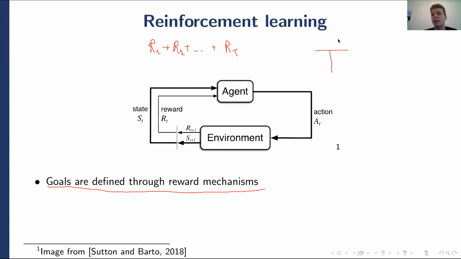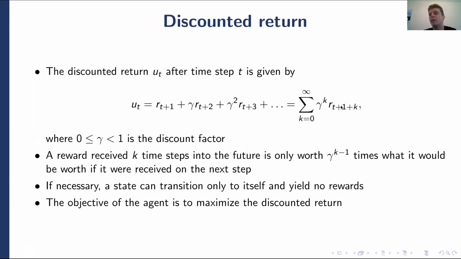So having an interaction that lasts for a fixed number of time steps can be seen as a special case of an interaction that lasts forever, which is why we prefer this formulation in reinforcement learning, although it does require the use of a discount factor.